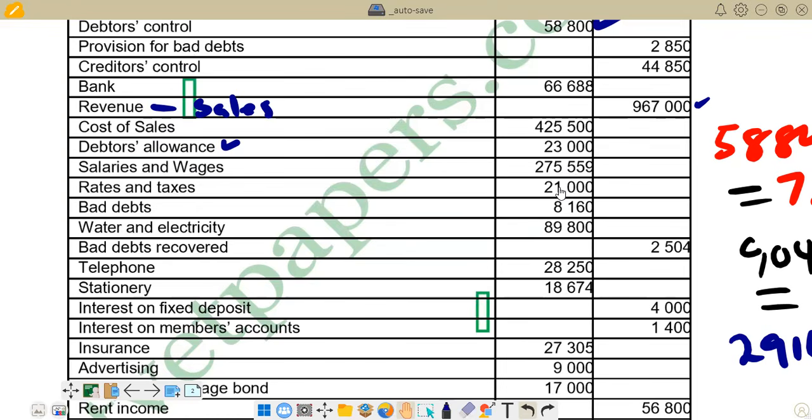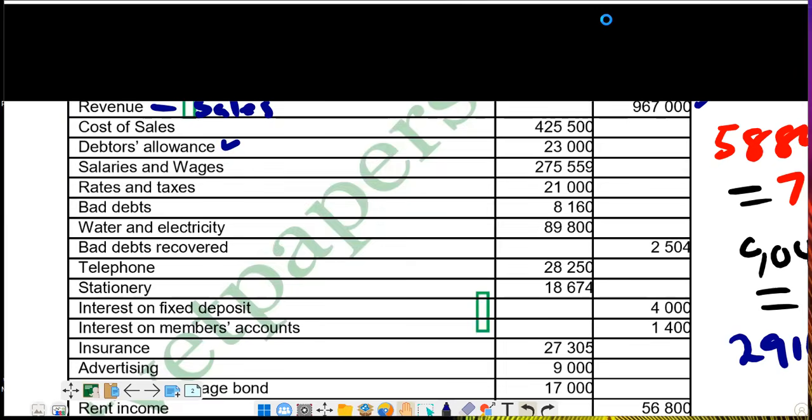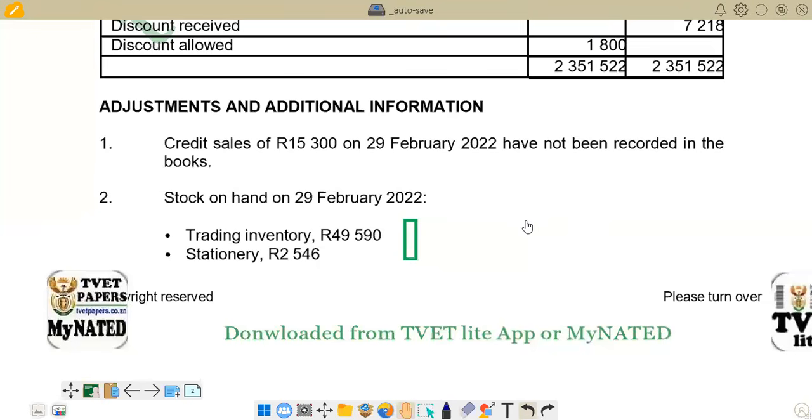We check again if we have got any adjustment in terms of salaries and wages in the question. If you check here, you see that there's no adjustment in terms of salaries and wages.